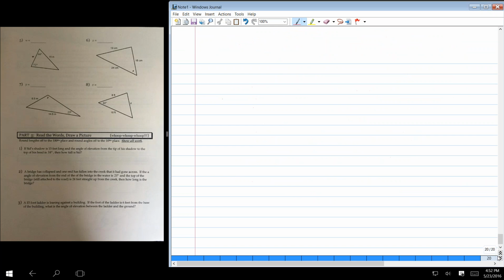Now, number 8 is also a law of cosines problem. And it's also one that isn't labeled with letters. So you have to be a little bit intuitive as to how we're going to use the law of cosines here. What's the equation going to look like?